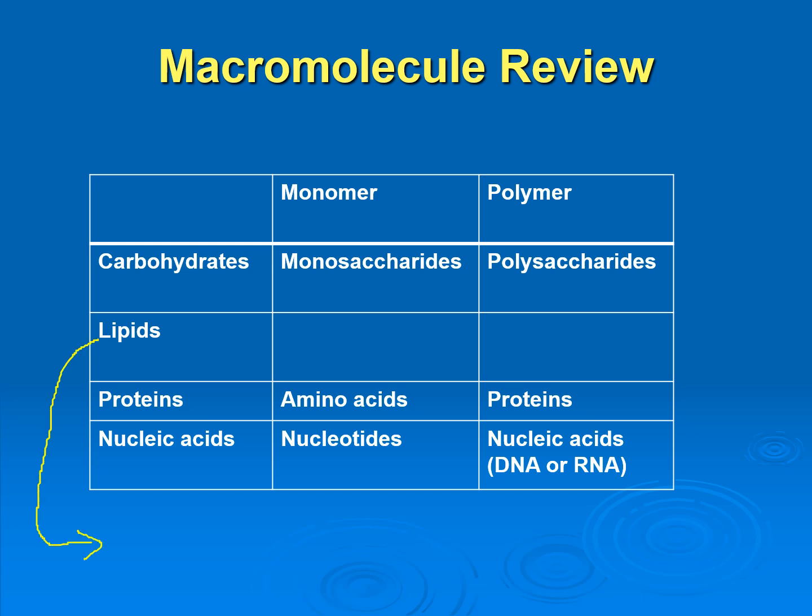We talked about three different types of lipids: the fats or triglycerides, the phospholipids, which make up the plasma membrane or cell membrane, and the steroids, which include cholesterol and our steroid hormones.